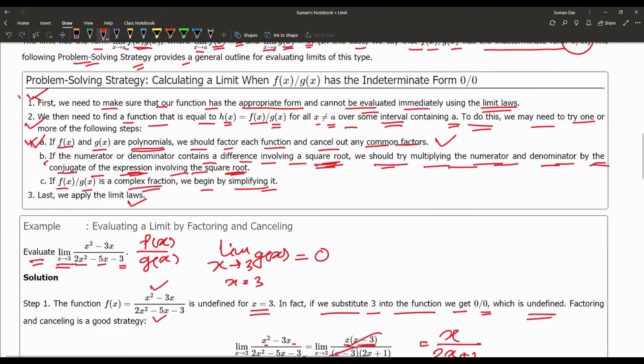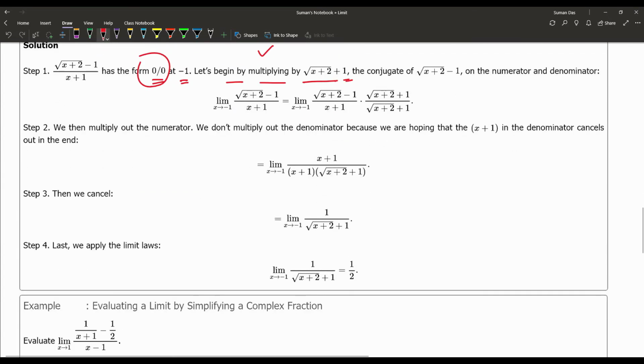Here the expression is the square root of x plus 2 minus 1, so the conjugate has plus 1. On the numerator and denominator, we multiply by the conjugate.